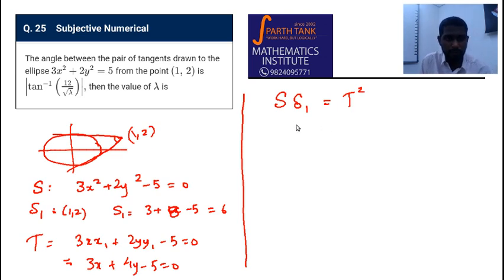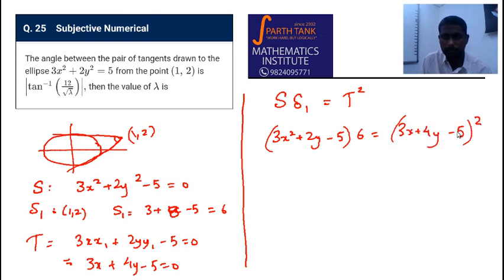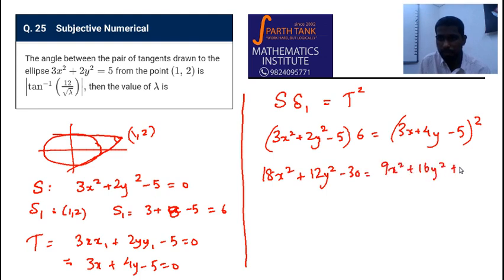Okay. So SS1 is 3x squared plus 2y squared minus 5 into 6 is equal to 3x plus 4y minus 5 the whole squared. So 18x squared plus 12y squared minus 30 is 9x squared plus 16y squared plus 25, then plus 24xy minus 30x minus 40y.